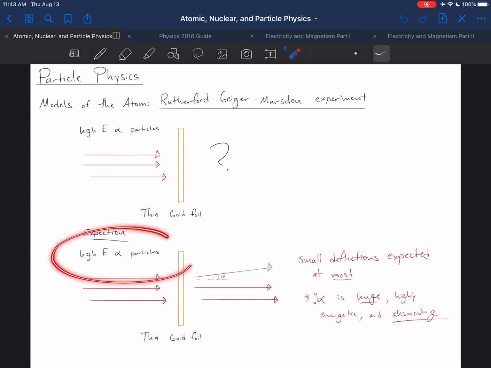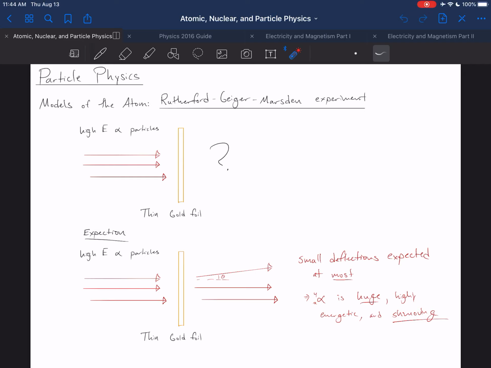At this point, they're understood to be pretty heavy things, right? They're 4 nucleons each. And we knew at that point what their mass was, although we did not understand that they were helium nuclei at this point. And we understood that when we accelerated them, they were very, very fast and powerful.